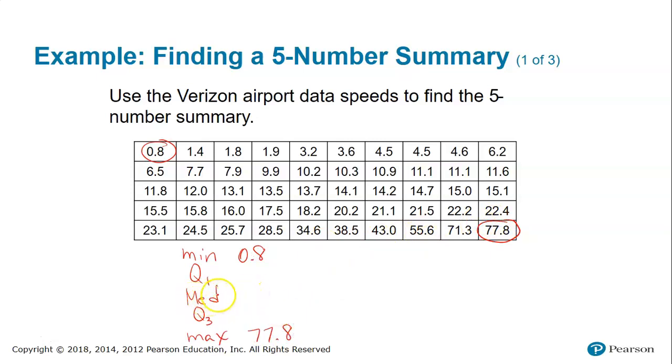Okay, the median we know is the middle two values because this is a data set of 50. So we need to find the average of our middle two values. So we've got 20, 21, 22, 23, 24, 25. So here's our middle two values. If we average those two together, 13.7 and 14.1, then we're going to end up with 13.9 for our median. Okay, so our median is here in the middle.